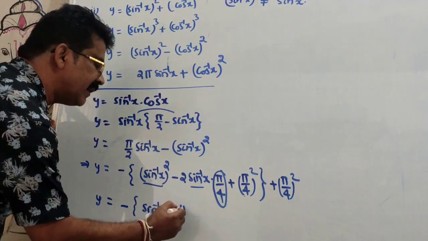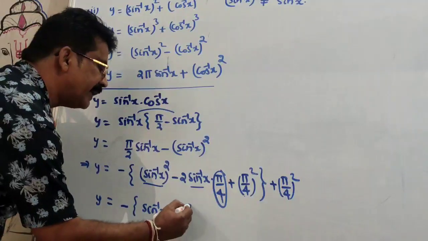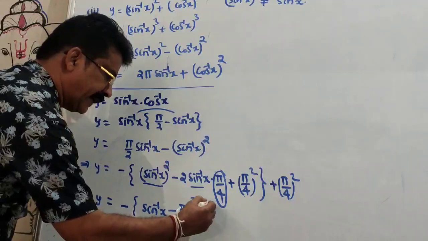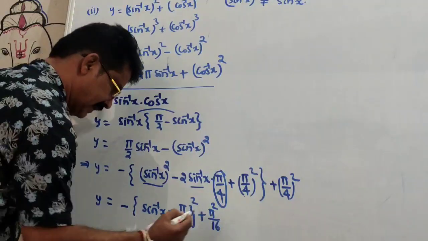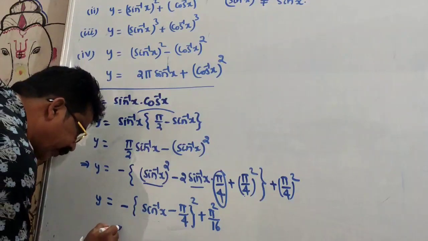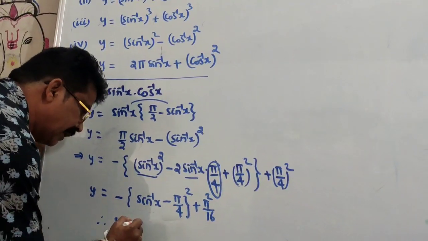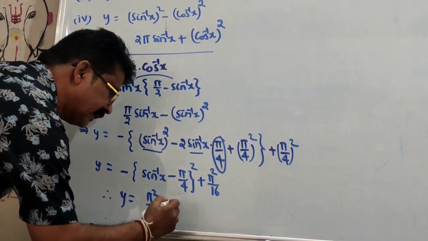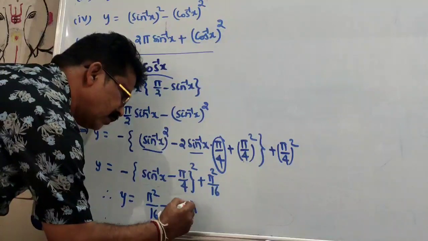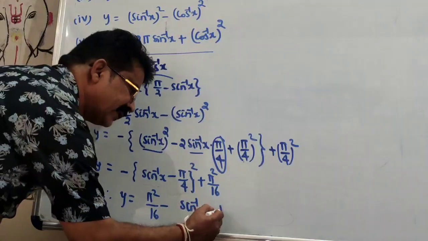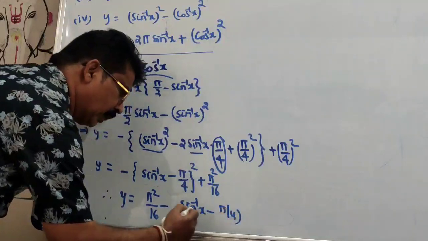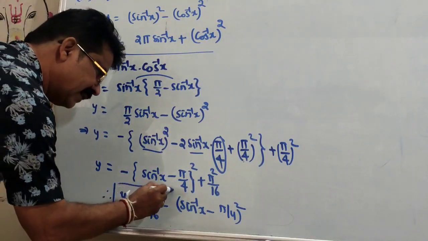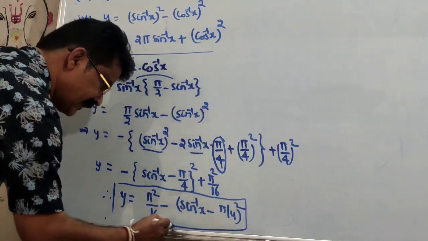Minus, a minus b whole square, plus it is pi square by 16. So therefore y equals pi square by 16 minus (sin inverse x minus pi by 4) whole square. So this is the simplified given function.